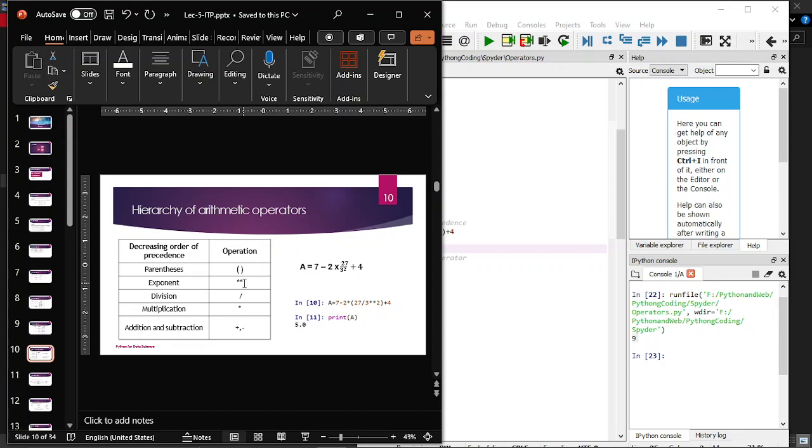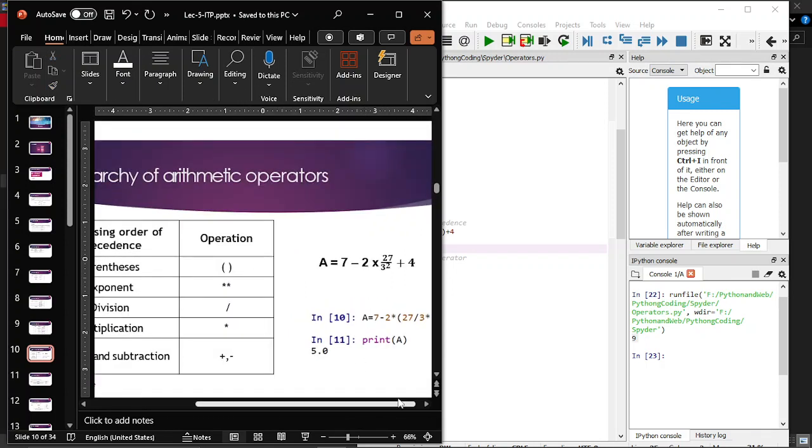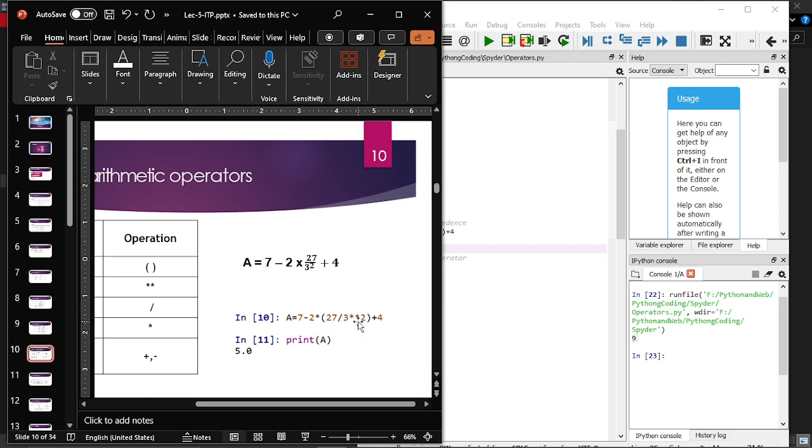So first we look into the things that are inside the parentheses, then the exponent, then the division with the slash, then the multiplication, then addition and subtraction. So if we see this particular equation, I hope it is clear now. First we need to look into the things that are in the parentheses. So 27 divided by 3 exponent 2.